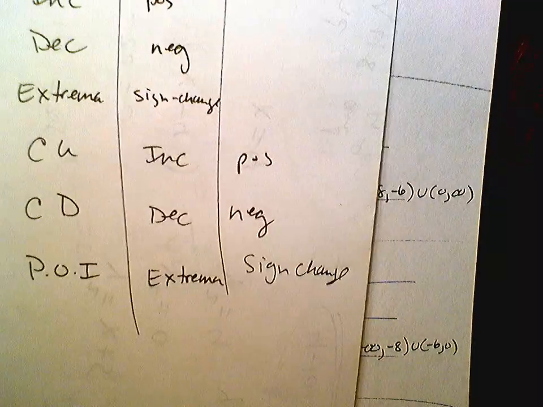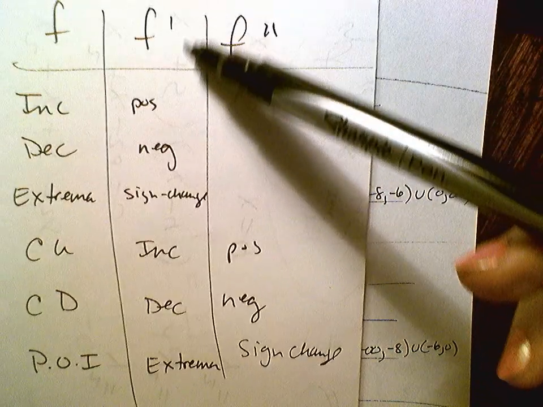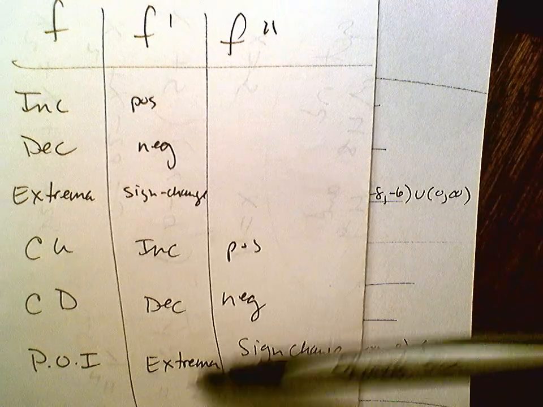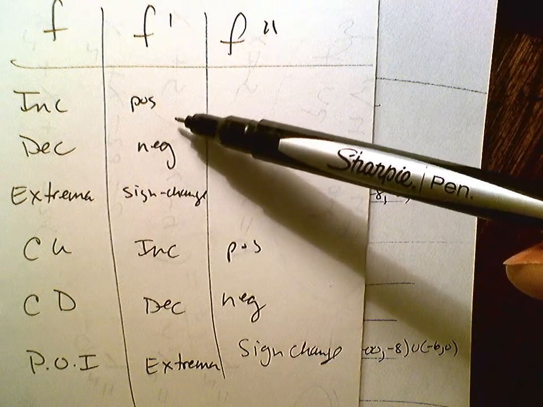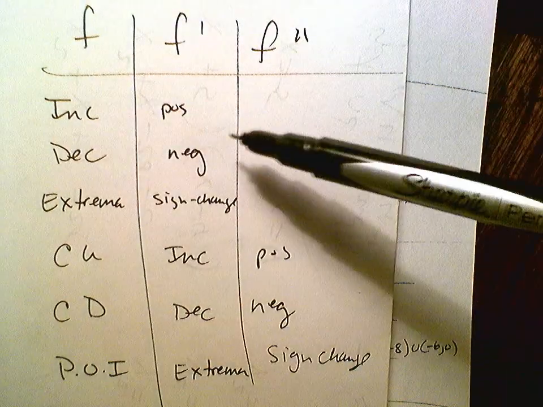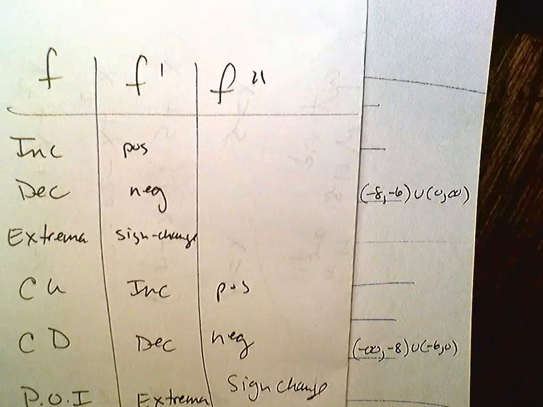Okay, so I'm going all the way down this column. These are all of the causes that I'm looking for that will result in these conclusions that I can make about f. So finally, we have extrema.